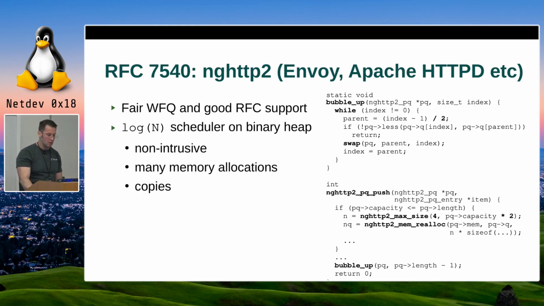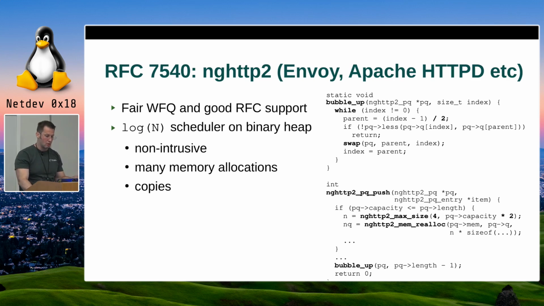The next implementation is nghttp2. It's a library. It's used by Envoy, Apache HTTP, and a lot of other open source projects. It uses a real weighted fair queue, which is aware of the sent data, not only of the frames.